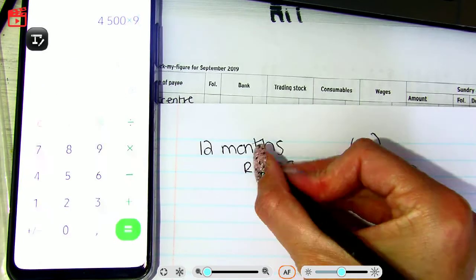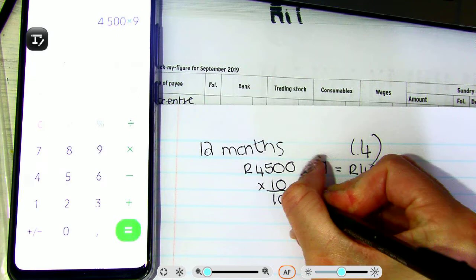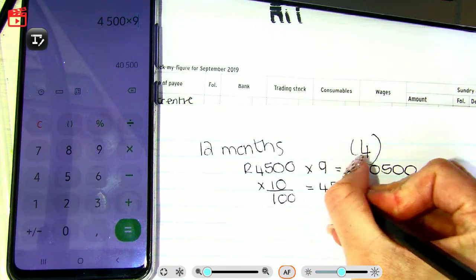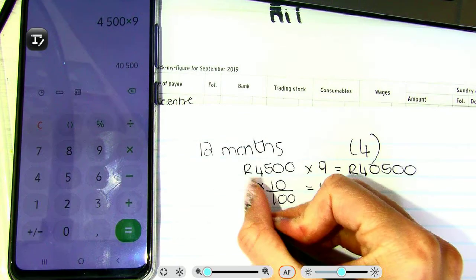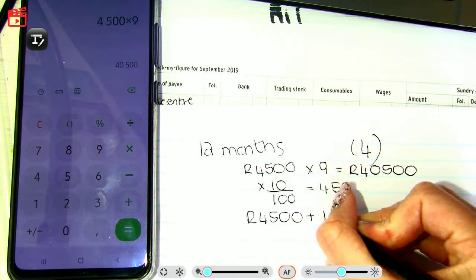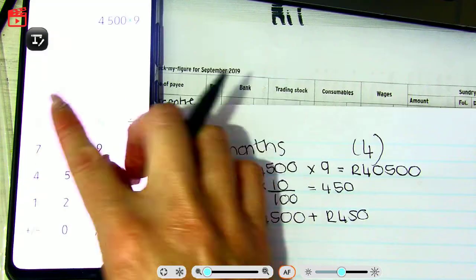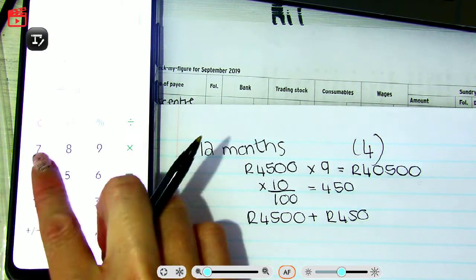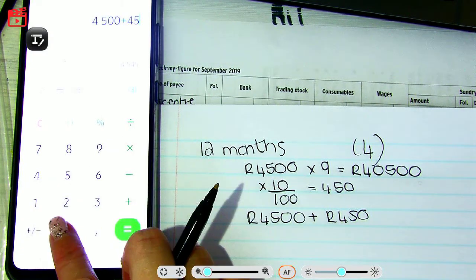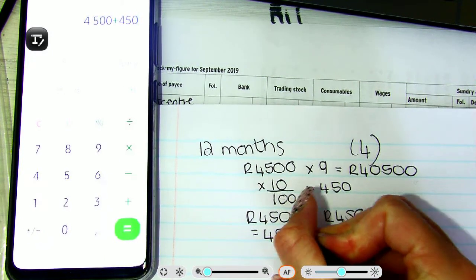Okay, then for September, October, November, and December, it increased by 10%. So we now need to say times 10 divided by 100, which is going to be 450. Okay, so in other words, 4,500 plus 450 gives me my new rent amount of 4,950.